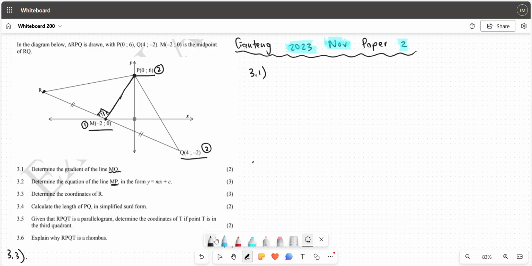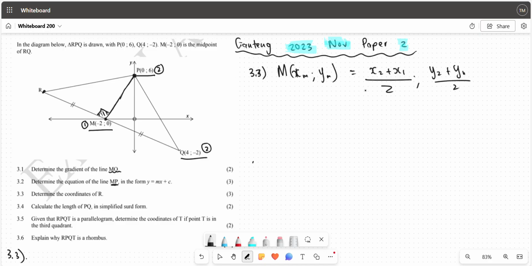Alright, so as I was saying, 3.3 wants us to calculate the coordinates of R. So what we're going to do is we're going to use the midpoint formula. Midpoint, which is in this case the x of the M and the y of the M, is equal to x2 plus x1 divided by 2, y2 plus y1 divided by 2.